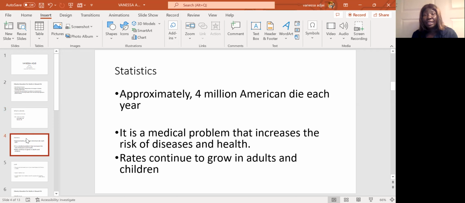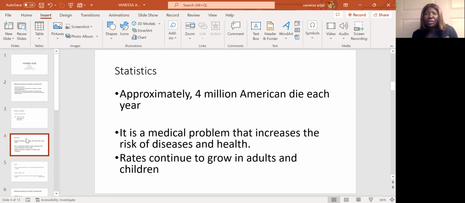So statistically, approximately 4 million Americans die each year of obesity or from this disease. It is a disease. So we do have a lot of people dying, and 4 million is a lot of people. These people can be your uncle, my father, my loved ones, siblings, my nieces, nephews.